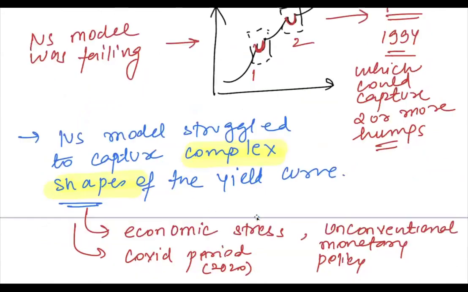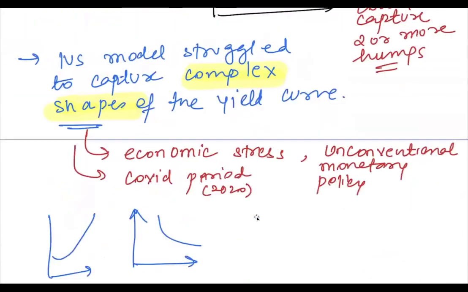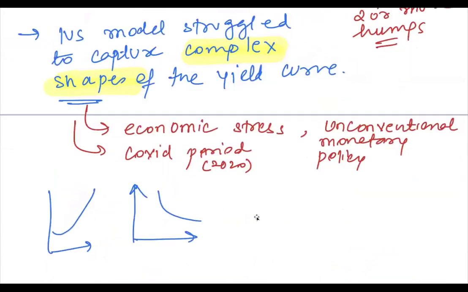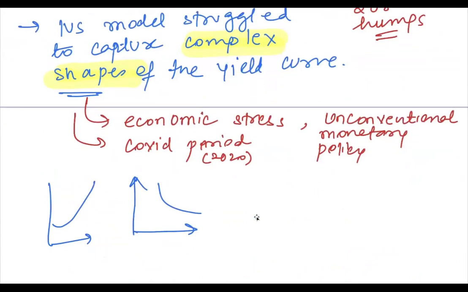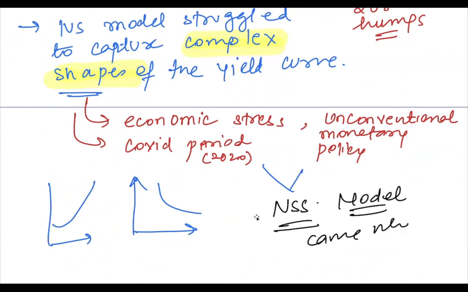Okay, so just to make you understand this Nelson Siegel Svensson model, the Nelson Siegel model was actually struggling to capture complex shapes, and that's why the Nelson Siegel Svensson model came into existence, so as to capture complex shapes. Okay.